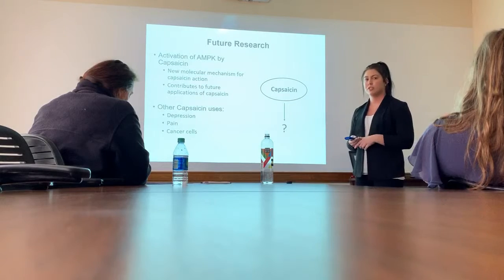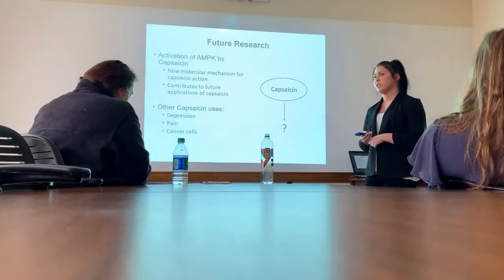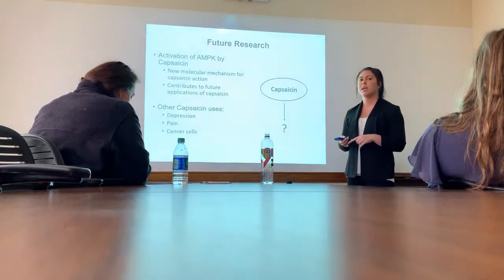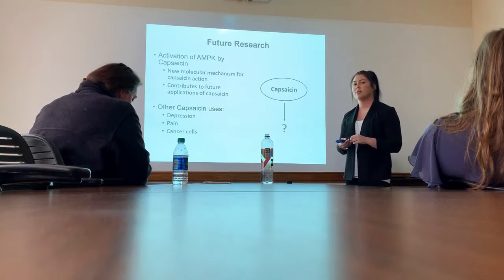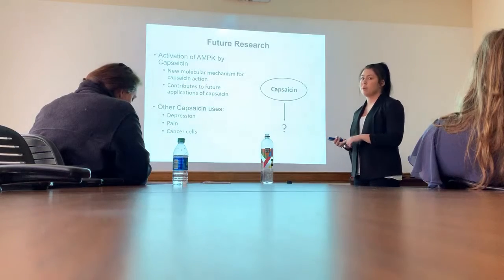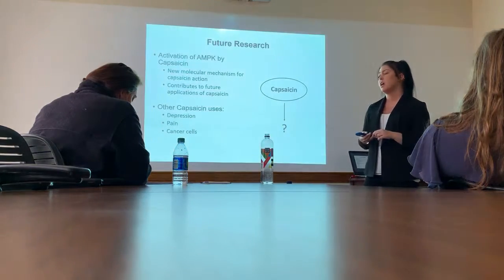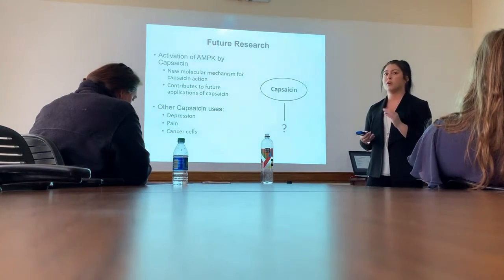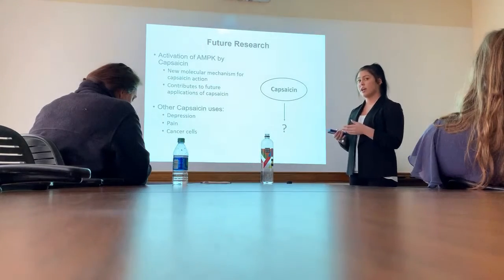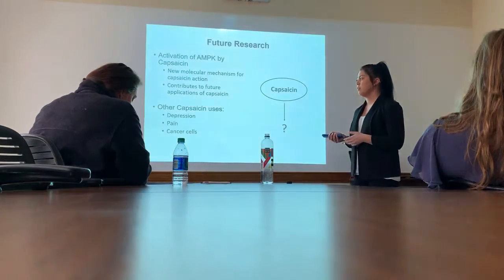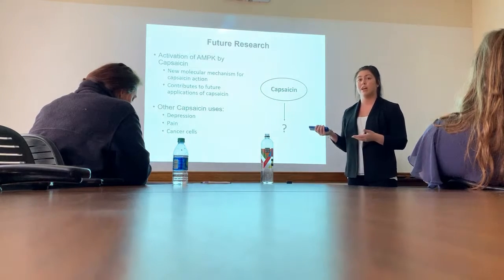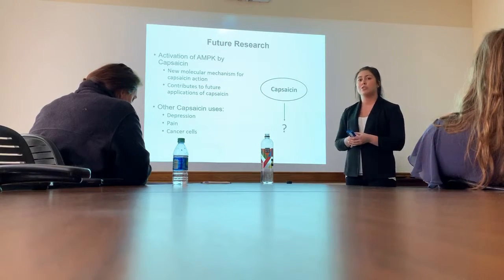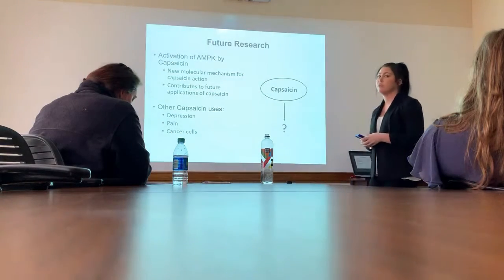As I was doing some research, I did notice they mentioned depression and helping with pain, but I think they should do more studies based on those and see maybe how capsaicin could help with different types of pain levels and maybe how it could help with depression in certain specific ways, and how we could target that, or maybe even other types of cancer cells instead of just the liver ones that we looked at, the HepG2. So I think all of those should be looked at, and I think that would be some good future research.